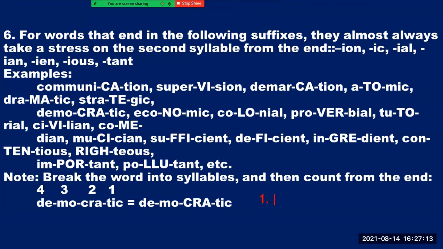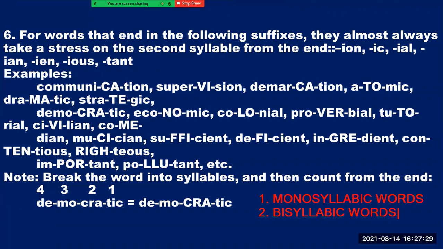Number 1 is monosyllabic words. Number 2 is bisyllabic words, which are also called disyllabic words. Those are 2-syllable words. Then the next one is polysyllabic words, which are also called multi-syllabic words.